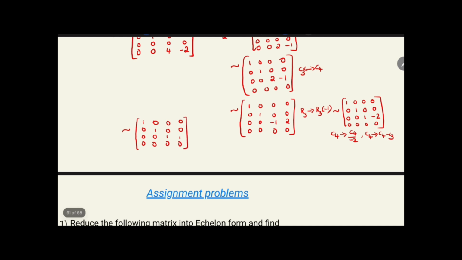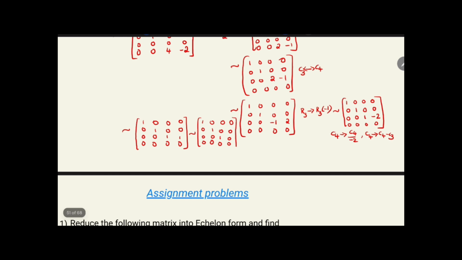Okay, and after doing this operation, the matrix looks like 1 0 0 0, 0 1 0 0, 0 0 1 0 and 0 0 0 0.